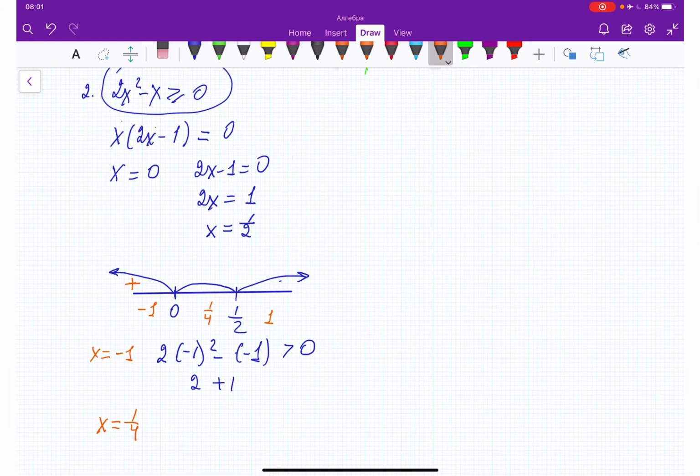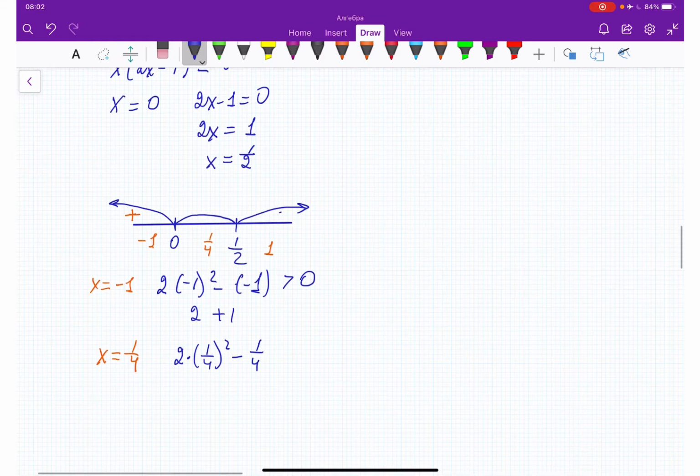So let's plug into this one again. 2 times 1/4 squared, which is going to be positive, and then minus 1/4. Let's see what's going to be here. 1/4 squared, it's going to be 1/16, right? This is a 1, this is 8. So 1/8 minus 1/4, it's going to be less than 0.